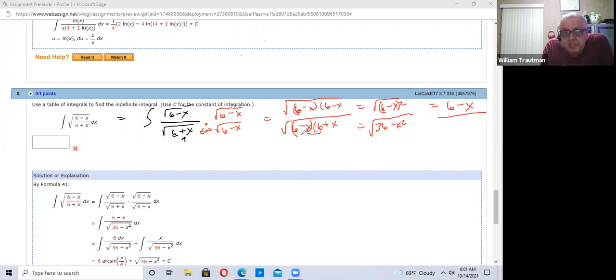The middle terms cancel out, a minus 6x and a plus 6x. So this is what you end up with, 36 minus x squared. So a equals 6. Do you see this is a squared minus u squared on the bottom? A squared minus u squared. And on top, it's a minus u.